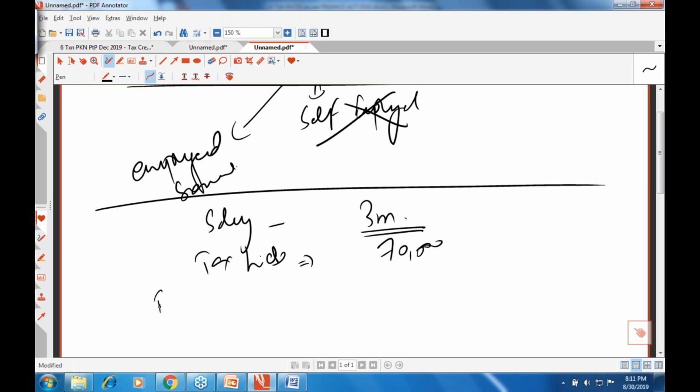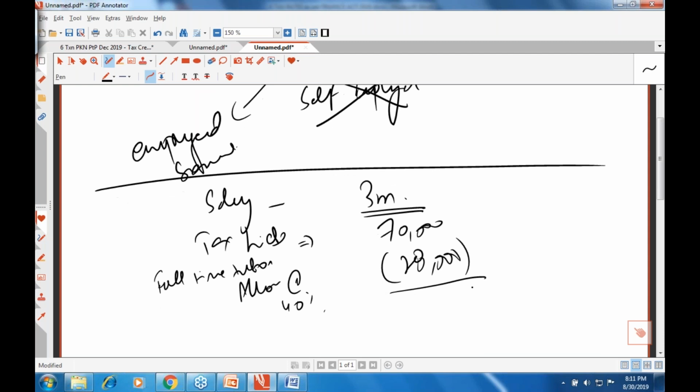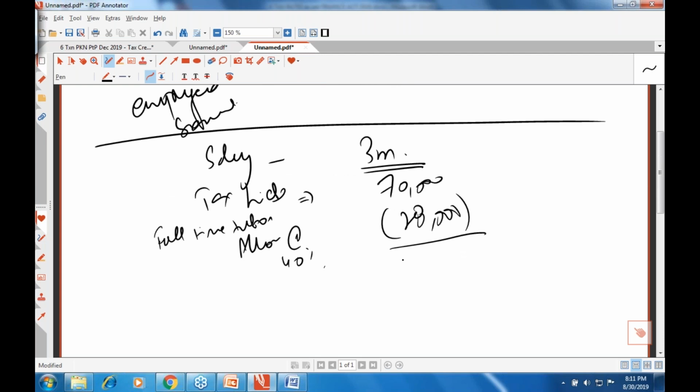Because you are a full-time teacher, there is going to be a full-time teacher allowance at the rate of 40% of the tax liability. So 28,000 is going to be the relevant tax credit, and the remaining 70,000 minus 28,000, which equates to 42,000, would remain as your tax liability.